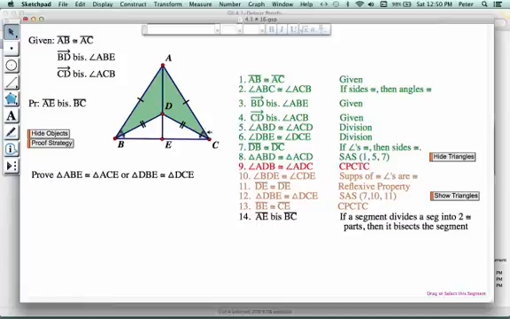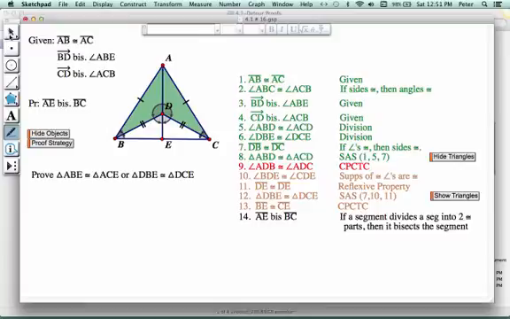ABD is congruent to ACD. Now, that lets us pick up the corresponding part of angle ADB congruent to angle ADC. Now, that's useful to us because by supplements of congruent angles, I can show that angle BDE is congruent to angle CDE, which allows me, by the reflexive property, to prove that DE is congruent to itself.